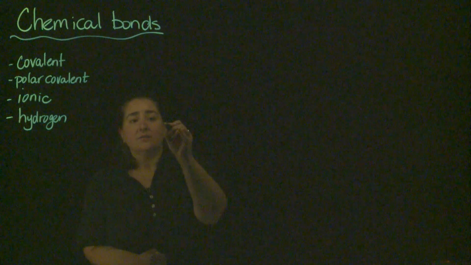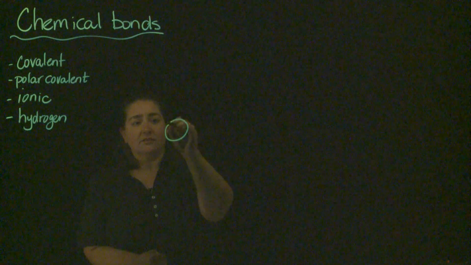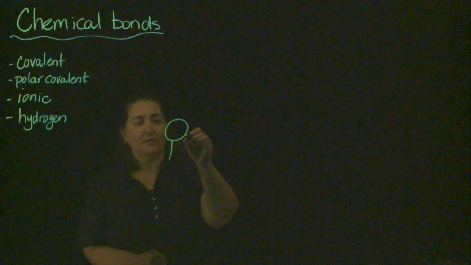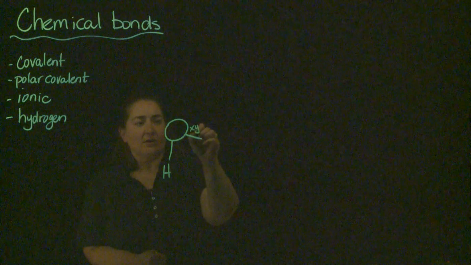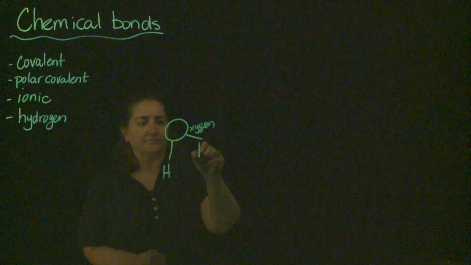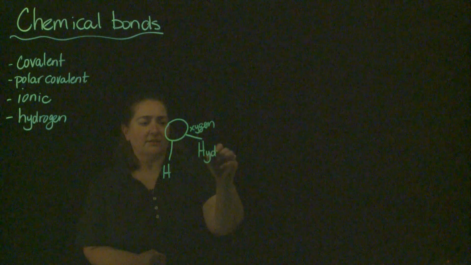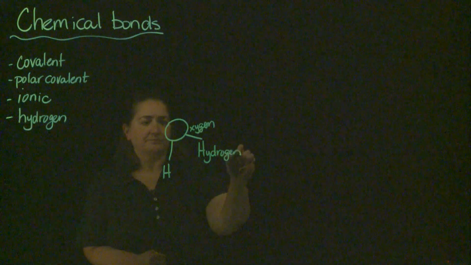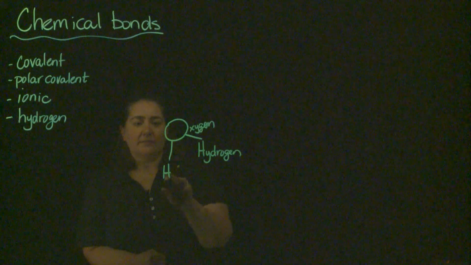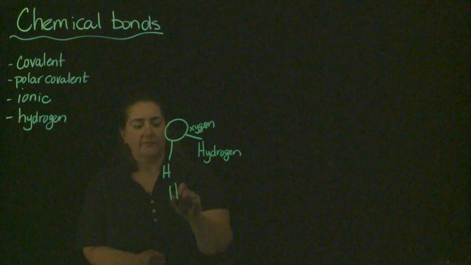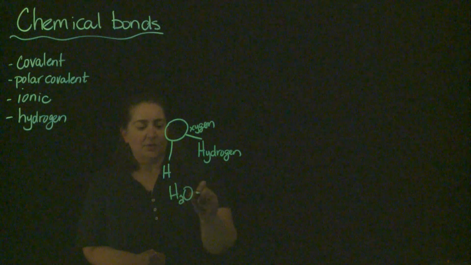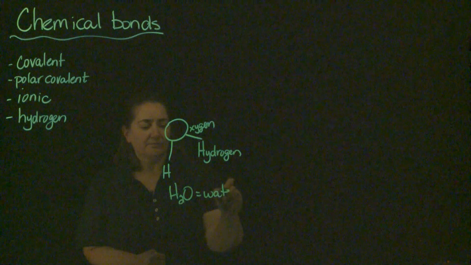Okay, so when I talked in the last video, I had our oxygen and our hydrogen. That chemically makes up our H2O, right? And H2O is just water, all right?